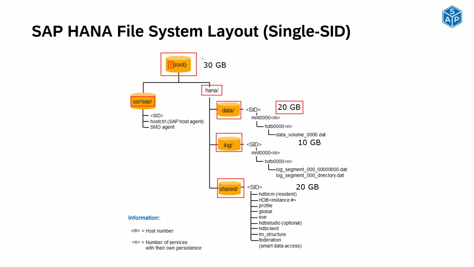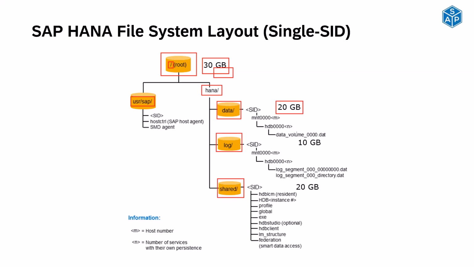It will not occupy space in your 30 GB. Since you have created a partition and mounted slash HANA data directly on it, all the data will go in that mount point. Even if this partition gets 100% full, you will start getting errors. It will not start occupying free space in your slash root directory.